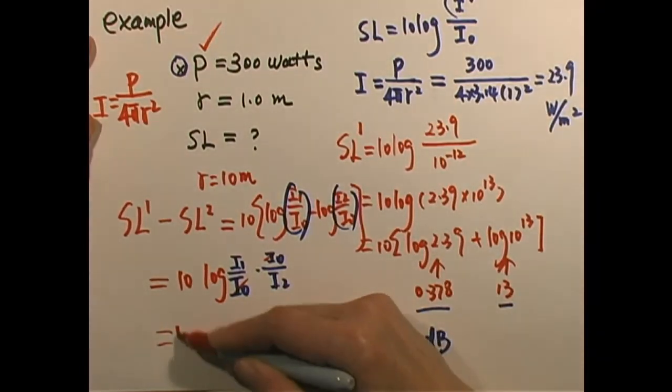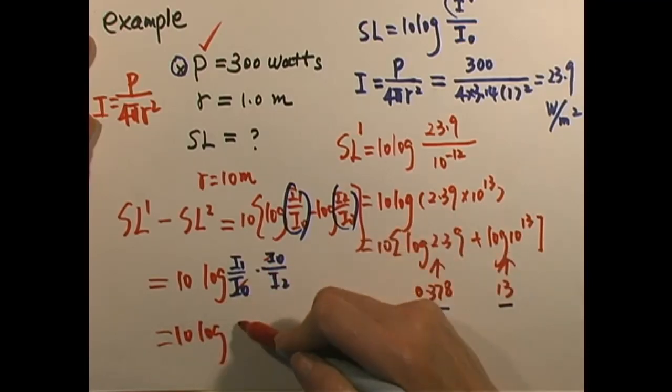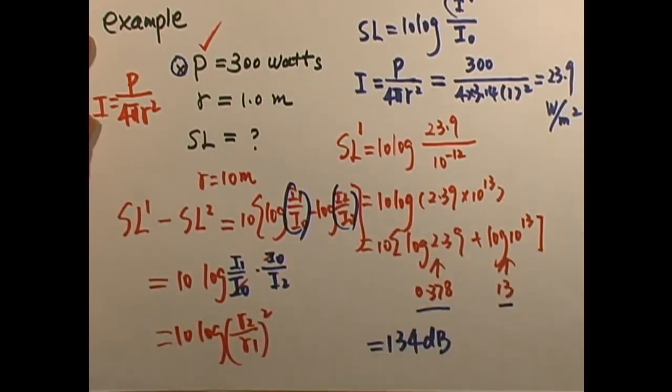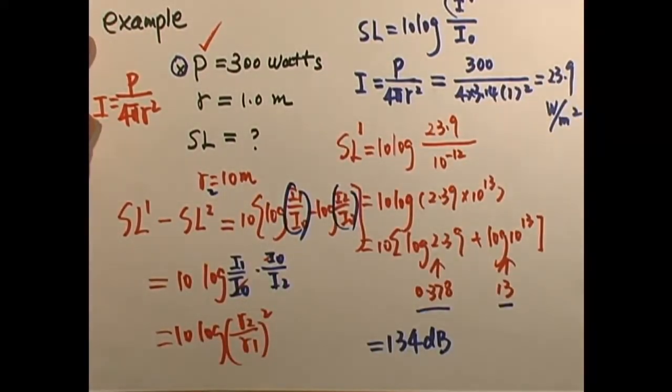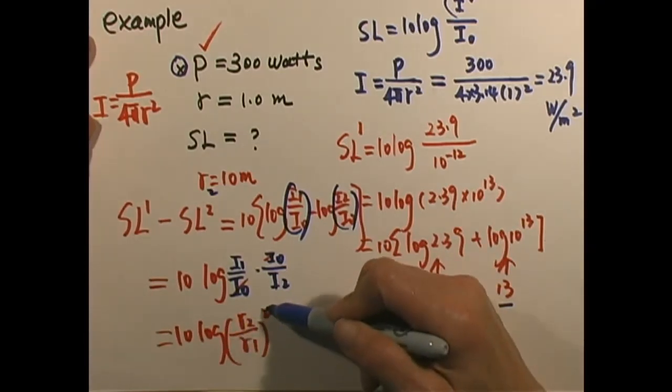So the result is 10 log of I1 divided by I2, which should come as R2 over R1 squared. Since in this case R2 is 10 meters and R1 is 1, the ratio R2 over R1 is 10. So this ratio of 10 gets squared.